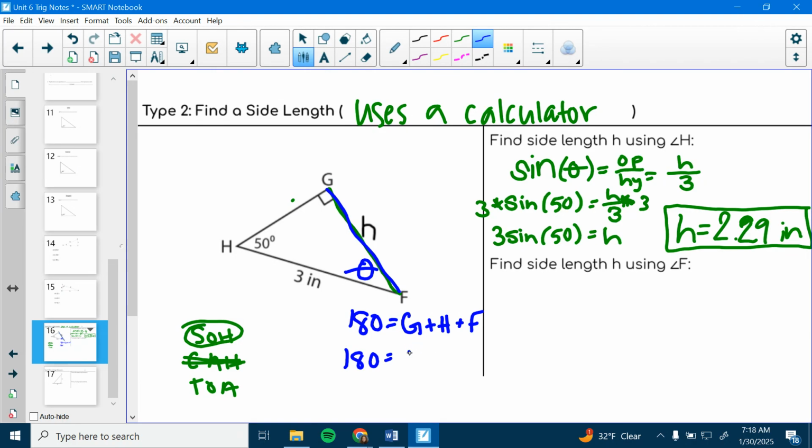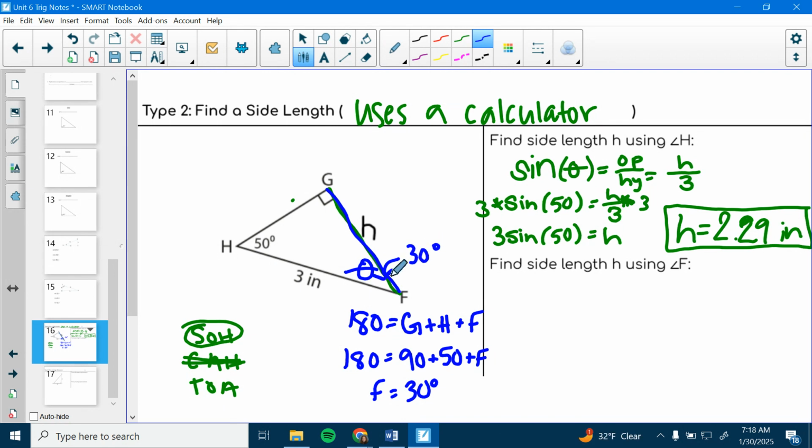Well, angle G is equal to 90. Angle H is equal to 50, so all I have to find is my missing angle, and when I subtract, I find that F is equal to 30 degrees. So that's what I'm going to put in for theta, 30 degrees.